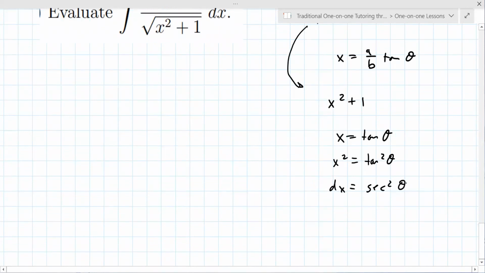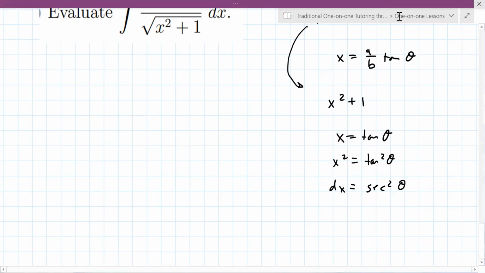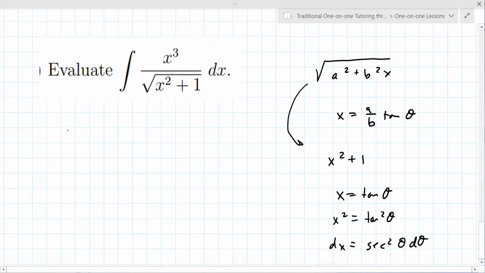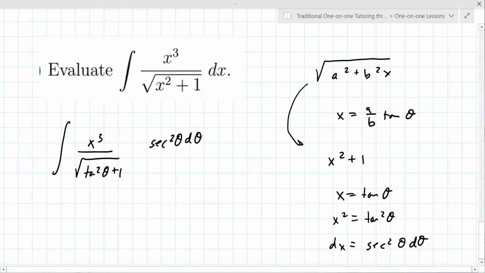That's kind of the one issue, that that's not really appearing in this, but let's just go with it for a moment. So it would be integral x cubed over square root of tangent squared theta plus 1, and then your dx is secant squared theta d theta.